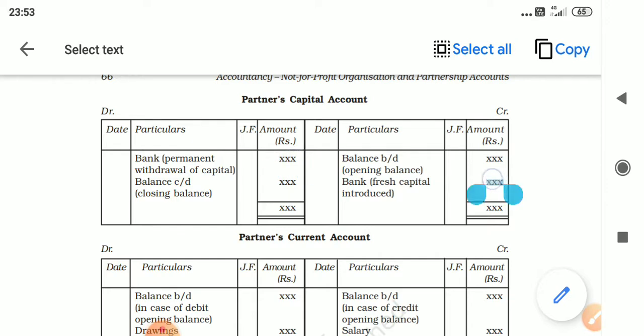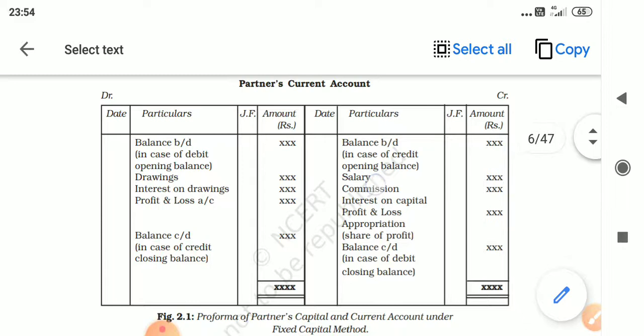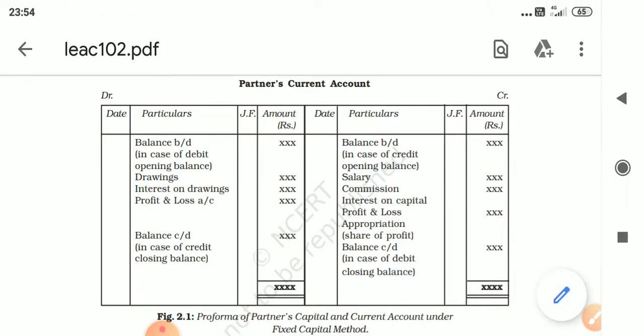Introducing fresh capital and making permanent withdrawal will happen once in a while. It is very rare. So this method is called fixed capital method. The opening capital balance and the closing capital balance remains the same, and all the other items which result in fluctuating of the balances are shown in partners current account.